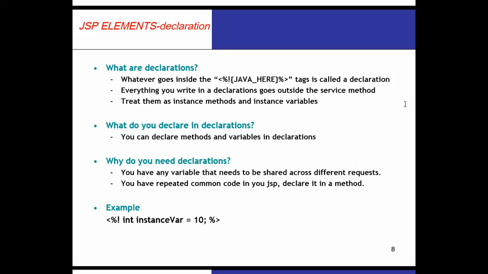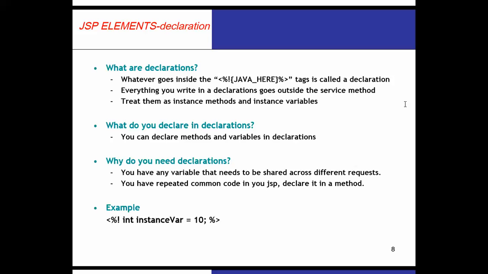In Java you will be writing instance variables, i is equal to 10, and instance methods, right? In the same way, in JSP also, declarations are nothing but instance methods and instance variables.